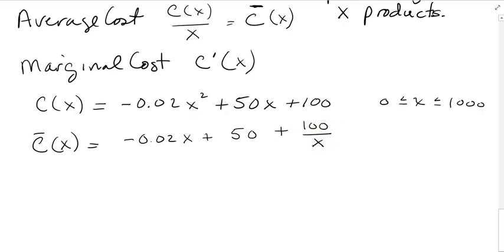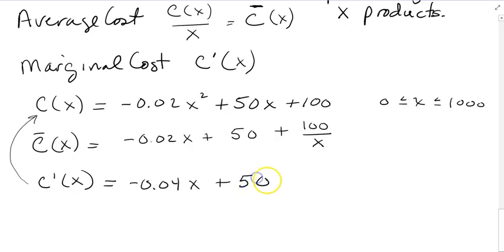So that's our average cost function. Our marginal cost function is the derivative, not of the average, be careful. You want to take the derivative of the original cost function. So it's negative 0.04x, because we multiplied negative 0.02 times 2, plus 50. All right?